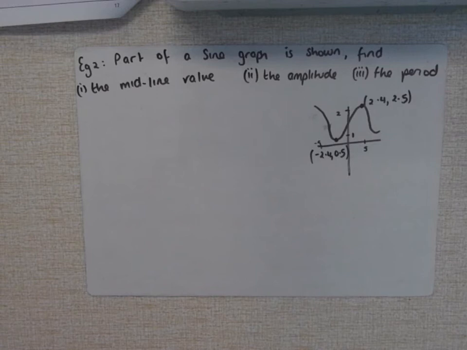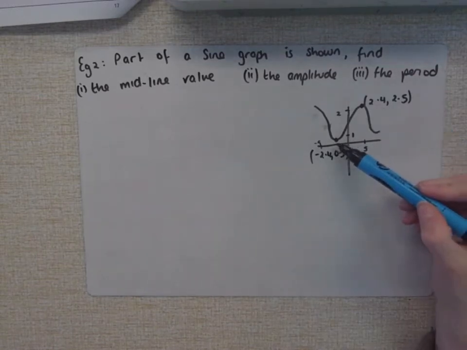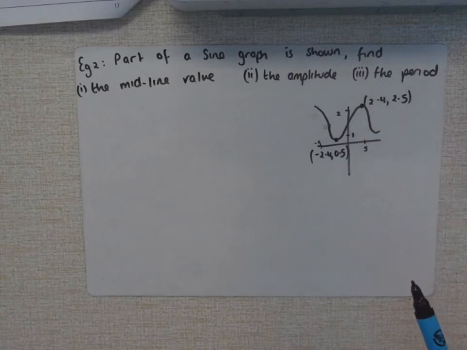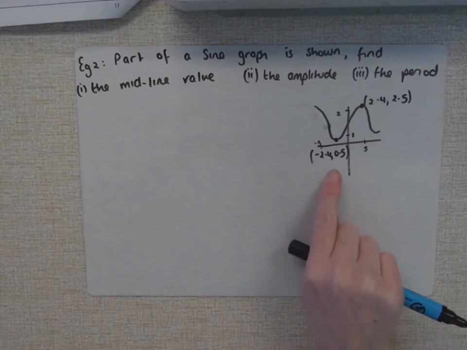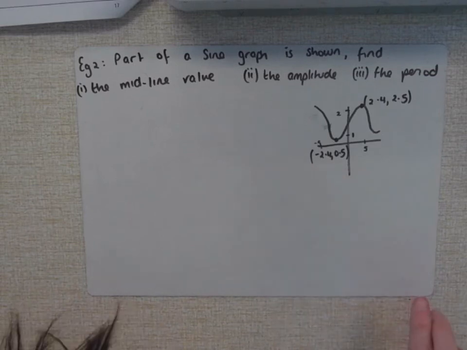Okay, part of a sine graph is shown. They've just given you 2 points on the graph.